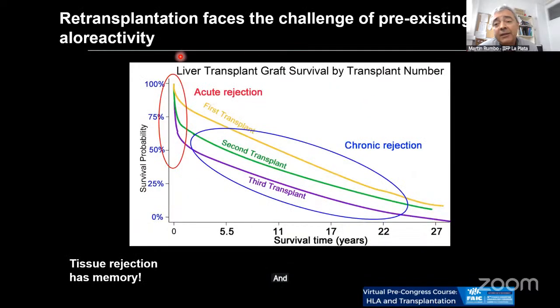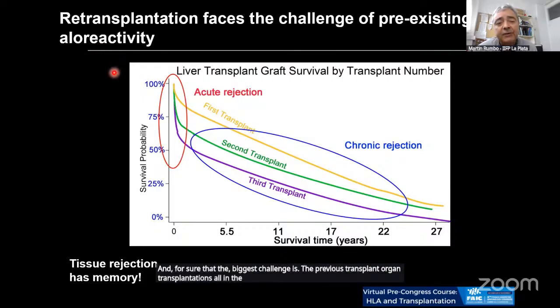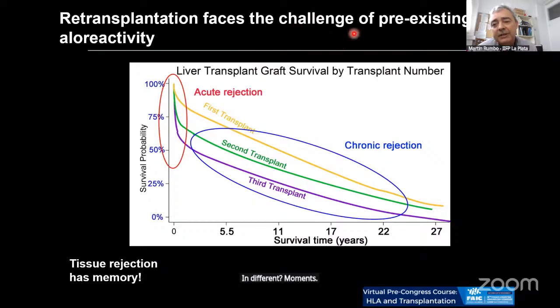And for sure the biggest challenge is previous organ transplantation. So in the case of patients that receive at different moments a second or even a third transplant, this affects the survival of the graft.